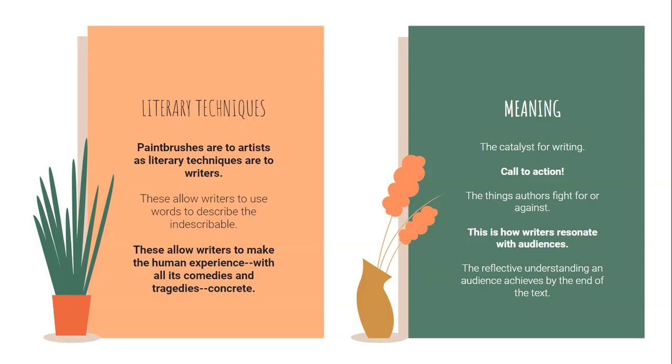They help writers describe in words what really is very difficult to describe, especially emotions, the emotional responses to some of the things that happen in the human experience that really resonate similarly across cultures, time spans, religions, genders, etc. And literary techniques help these kind of abstract things like emotions and human responses become more concrete.